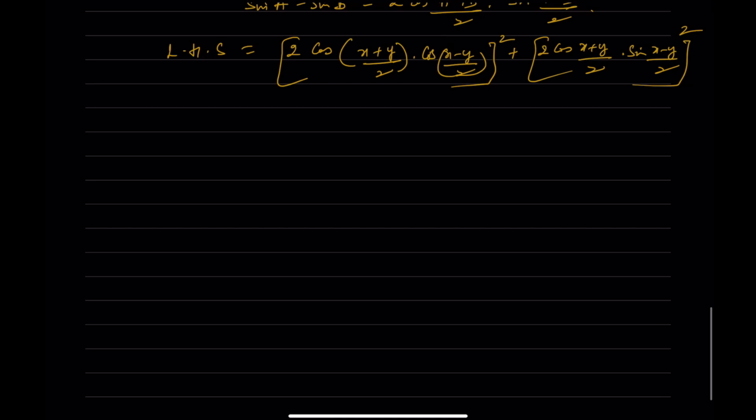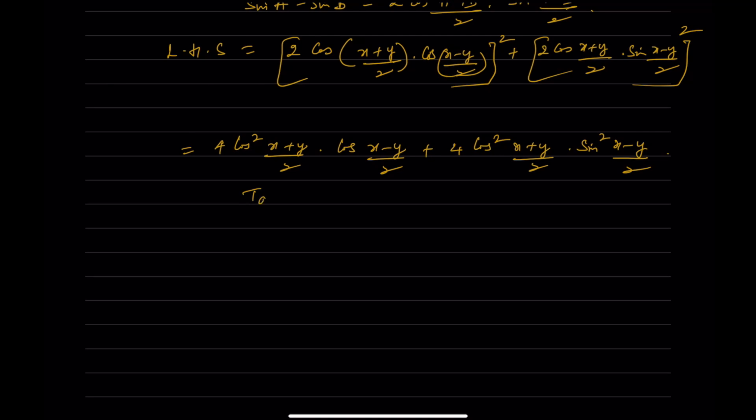So we are going to get it as equal to 4 cos square (x plus y by 2) into cos square (x minus y by 2) plus 4 cos square (x plus y by 2) into sin square (x minus y by 2).